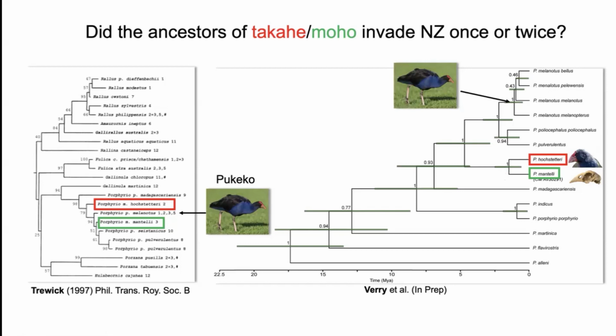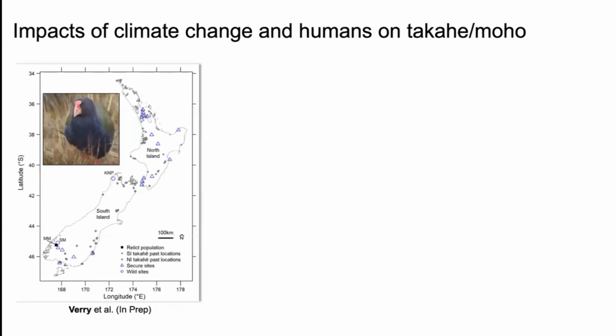So when the Manawatu Strait was around, the northern North Island and the southern North Island was connected to the South Island. But this is a really good example of how changing ancient DNA technology coupled with paleontology can fundamentally change your answers, because the old answer was due to a whole lot of error in the DNA sequencing that we can actually account for and correct with the new sequencing technologies.